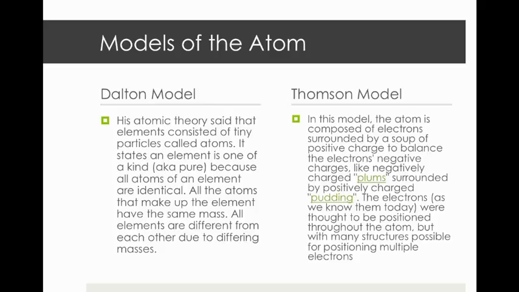And in this thick, milky substance, or pudding, there are pieces of fruit, a plum, a cherry, other kinds of fruit. The electrons, as we know them today, were thought to be positioned throughout this atom, throughout this pudding. But there were many structures possible, so therefore there were many different kinds of atoms.